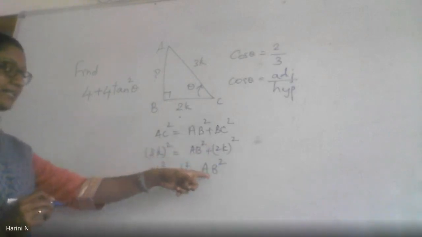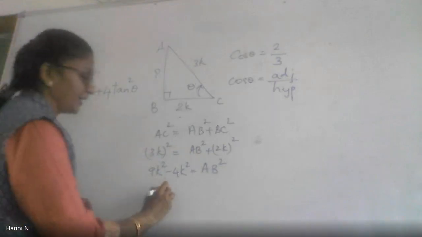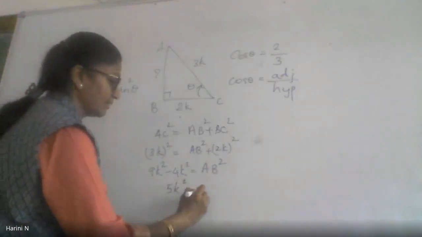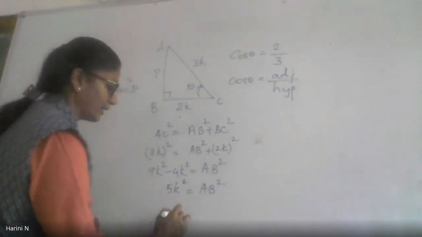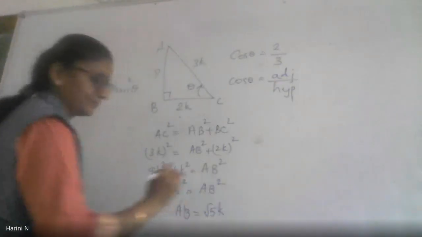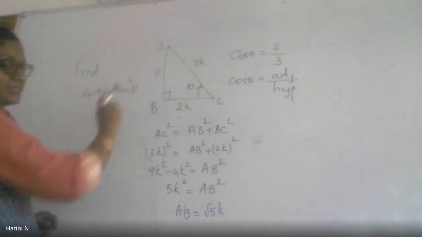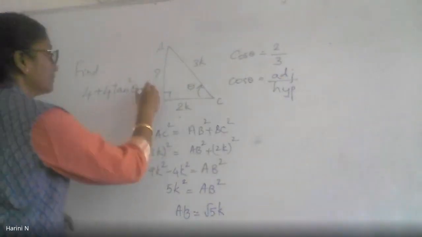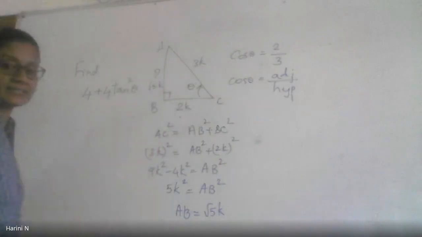When I subtract, AB square is 5k square, or I can say AB equals root 5 times k. Did you get this?